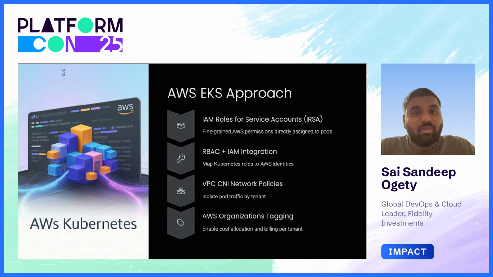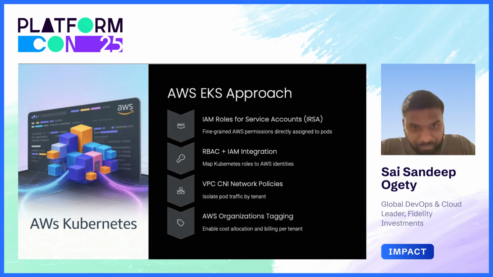You can create an IAM role per tenant workload, annotate a Kubernetes service account, and the pod assumes that one role, no more, no less. Combine this with Kubernetes RBAC mapped to IAM identities, and the VPC CNI, a network overlay, with network policies to lock down pod-to-pod traffic. Finally, tag every EBS volume, ENI, and load balancer via AWS Organizations to get accurate cost allocation and showback.